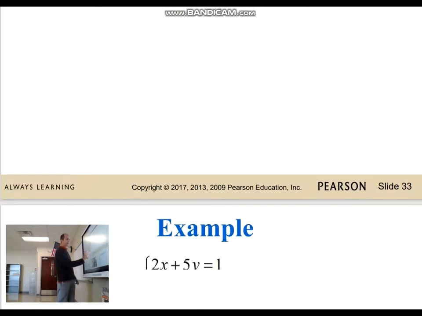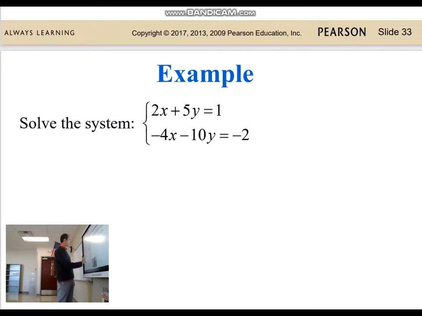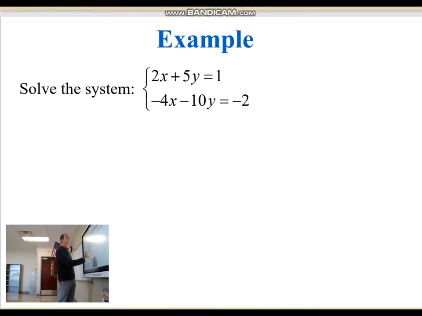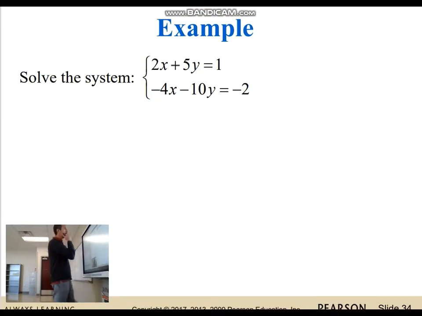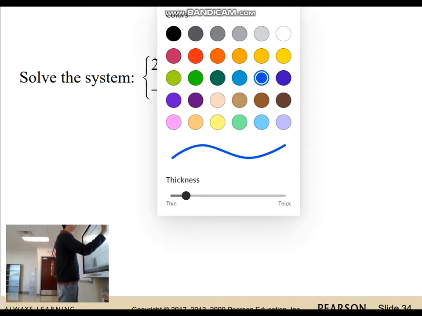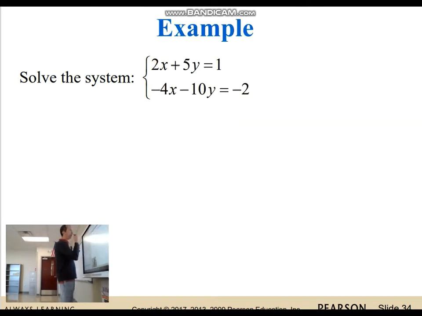And there's another example here. Let's try this one. See if we can do the elimination method again, and maybe we can multiply one of the equations by a number, and definitely we can multiply the first one by 2.